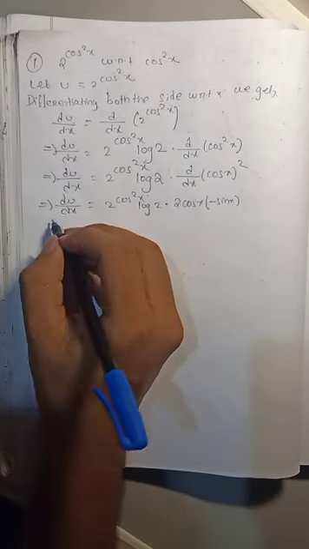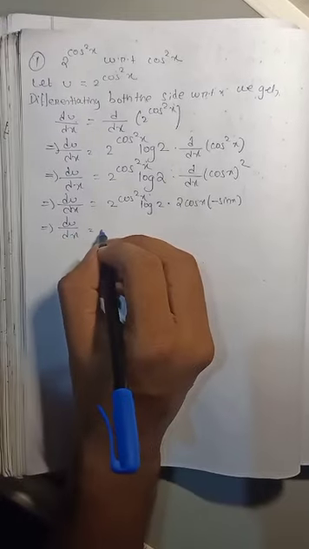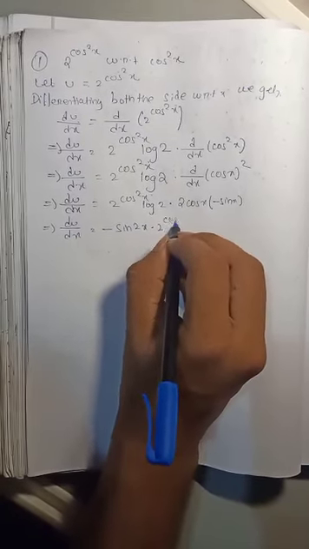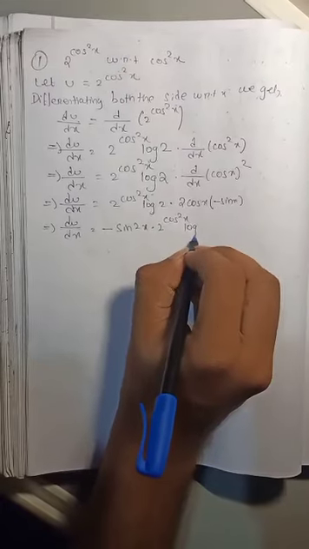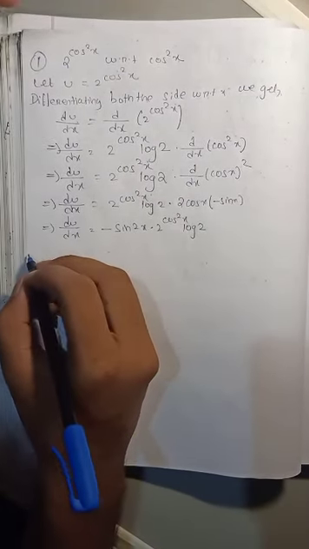So du by dx is equal to minus sin 2x into 2 to the power cos square x log 2.